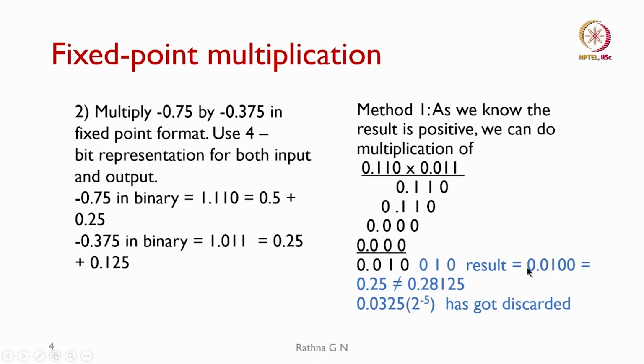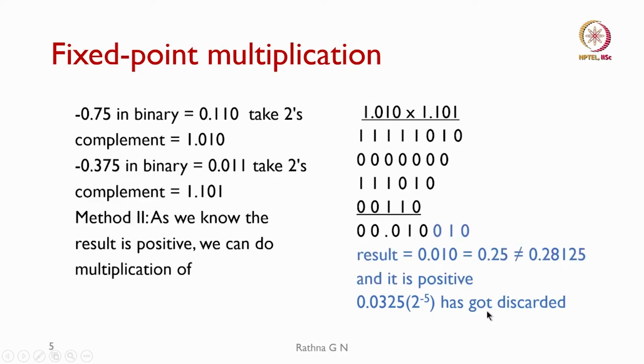So, the result is 0.010, so we will be getting 0.25. Originally, what we are supposed to get is 0.28125, completely taken into account. Even in decimal, if you multiply 0.75 and 0.375, you should get 0.28125. So, what we say is this 2 power minus 5 LSB bit has got discarded.